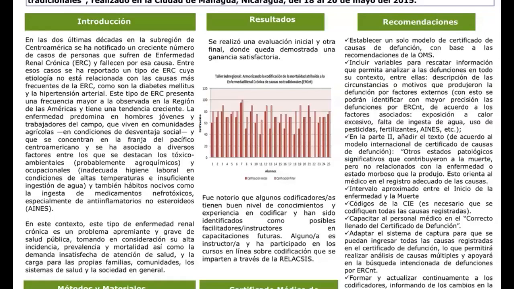So what was done was looking for a code in chapter 22, as Adriana said, to make an intentional search on all of those certificates where the basic cause is chronic kidney disease, when nothing is shown that damages the kidney.